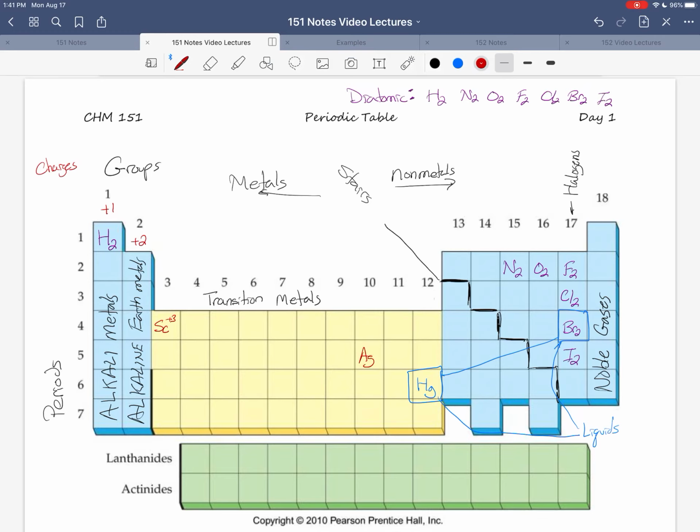Ag likes to be +1. Zinc likes to be +2. Cadmium, +2. +3 for 13, plus or minus 4 for 14, -3 for 15, -2 for 16, -1 for 17, and 0 for 18.